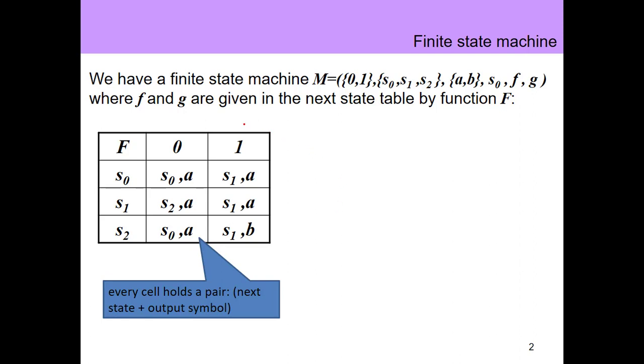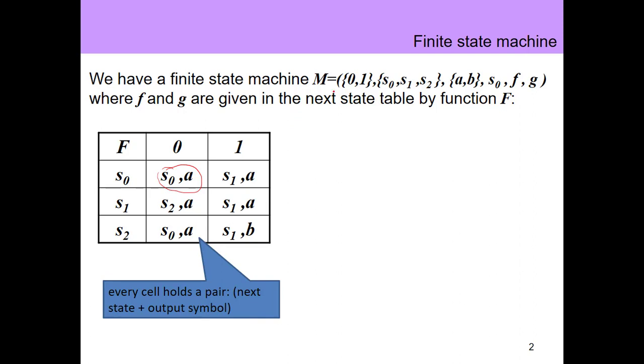And that is normally shown in a state table where we have a state, an entry symbol, and then we have in this function a combined action: the state we go to, in this case S0, and the output we produce, in this case A. So every cell has a pair, the next state and the output symbol.